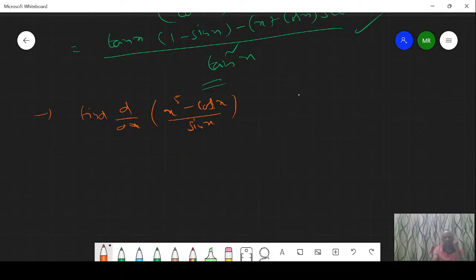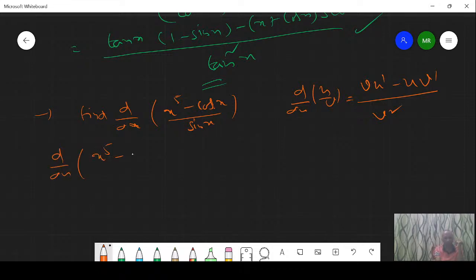You know the quotient rule, d by dx of u by v is v into derivative of u minus u derivative of v by v square. Same thing you can consider: d by dx of x power 5 minus cos x by sin x. Then you write sin x whole square.